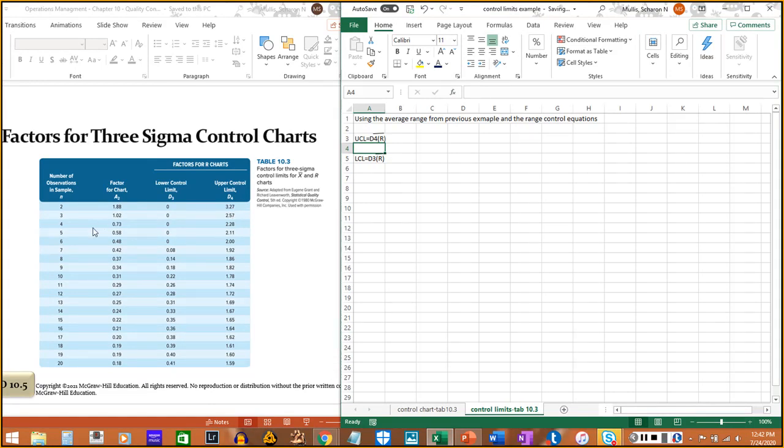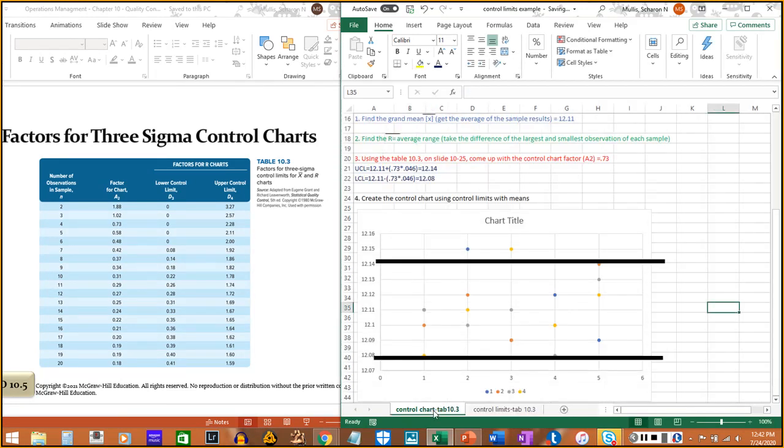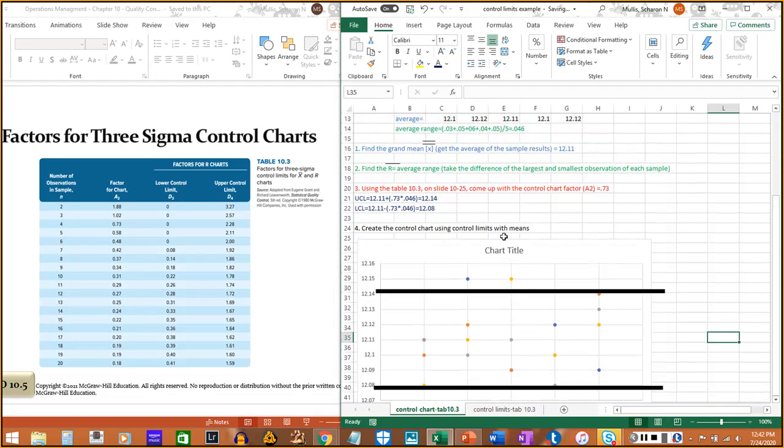So again, we're using four observations. So the upper control limit would be equal to whatever the D4 value is on the control table, table 10.3, which is 2.28, and we multiply that by our average range, which I think was, there it is, 0.046.